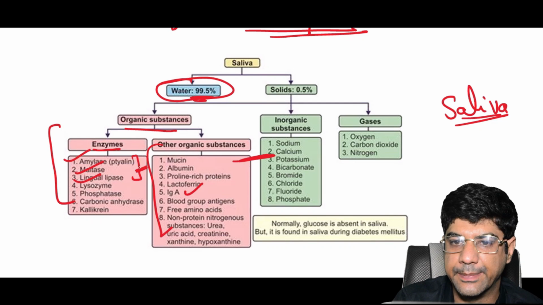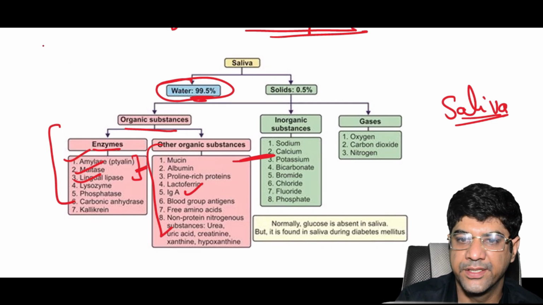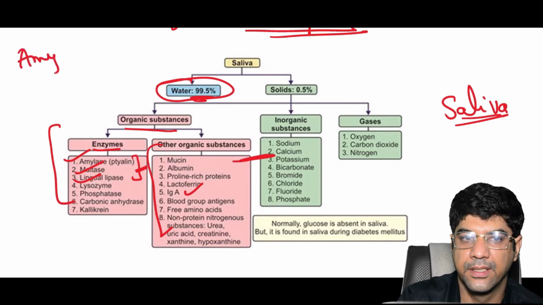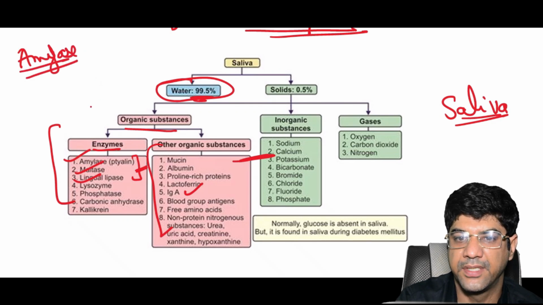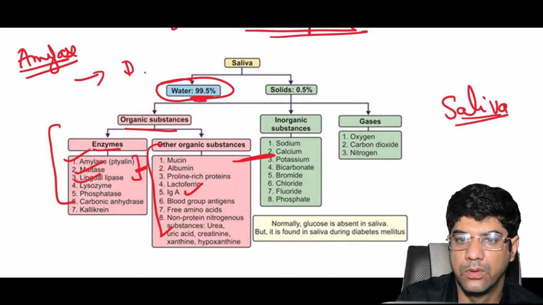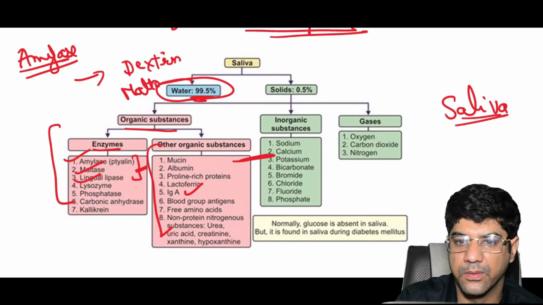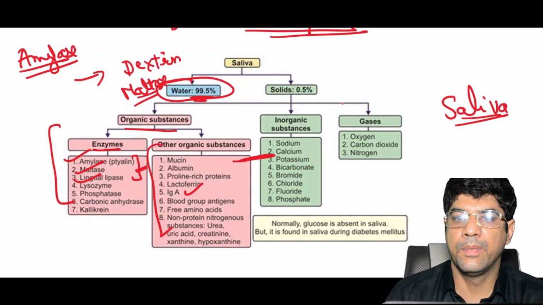These are the key enzymes. So what is the function of salivary amylase? Remember that it helps to digest cooked or boiled starch into dextrin and maltose. So starch digestion starts in the mouth.